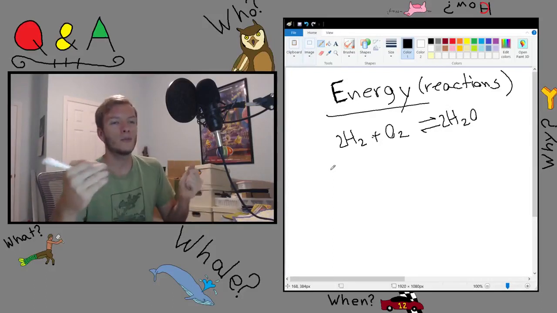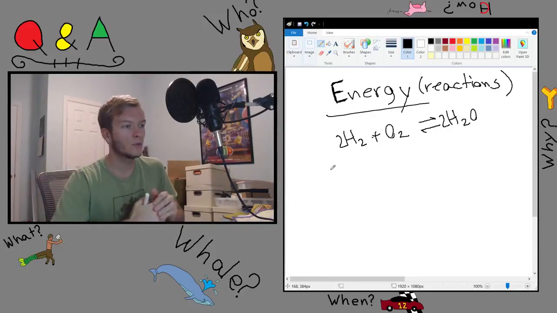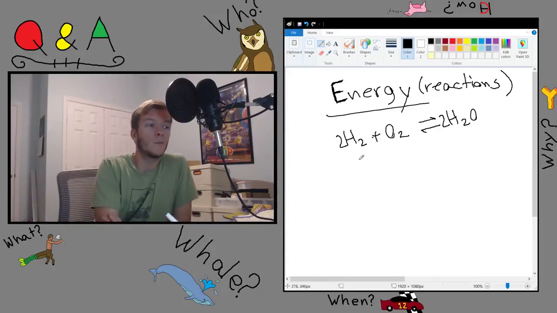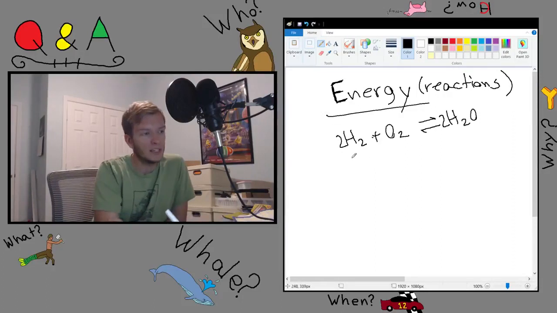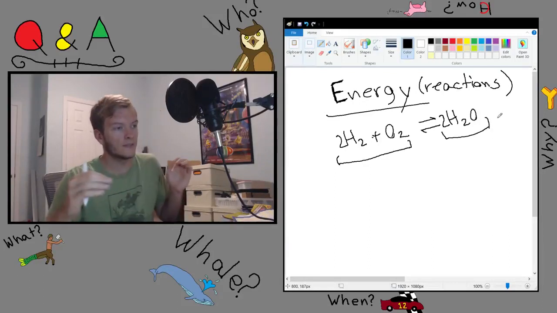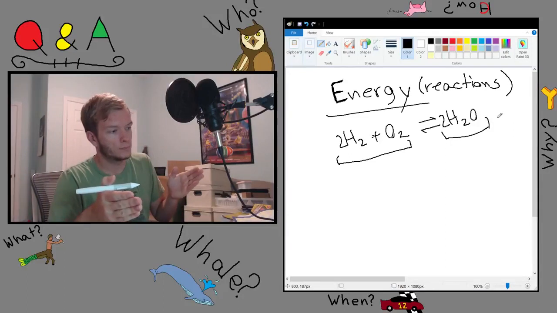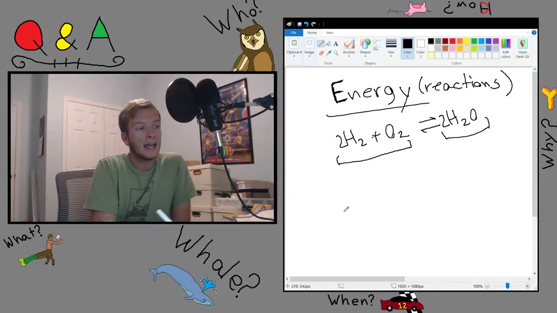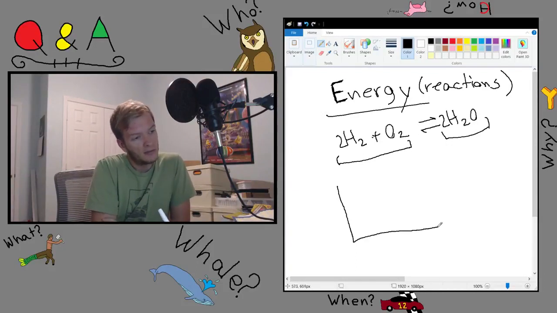Now, in real cases, we don't usually have perfect situations like this, but what we can explain is the energy states of the reactants and the energy states of the products. Sorry, I don't know why I blanked there. And we can create a little graph explaining what happens during the reaction.